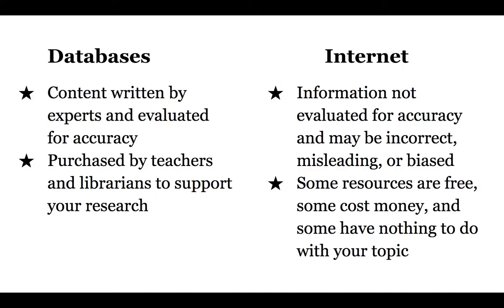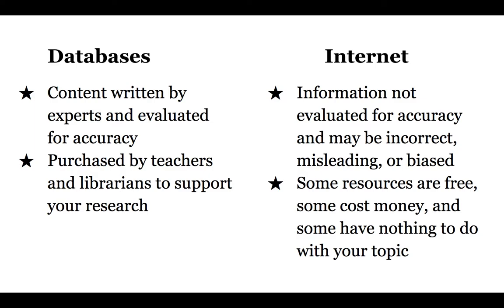Hopefully the databases and all the articles and things that you were able to find on the person that you're researching was helpful. Now you're going to be looking at some of what anybody could find, because anyone has access to the internet as long as you have Wi-Fi. So this chart just reminds you that the internet has information that has not been evaluated, maybe for accuracy.